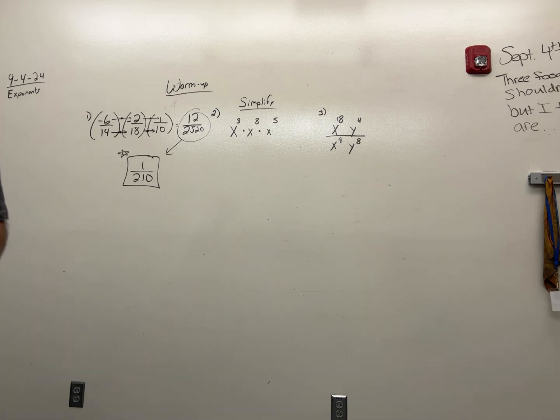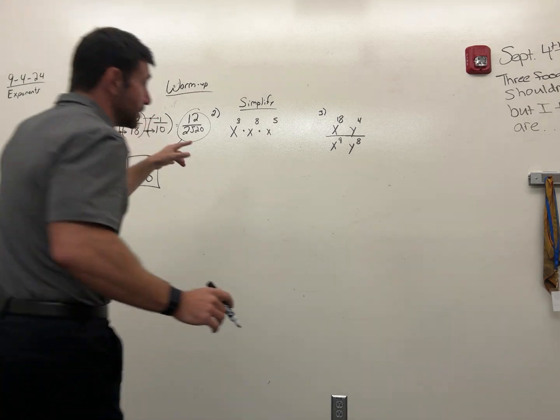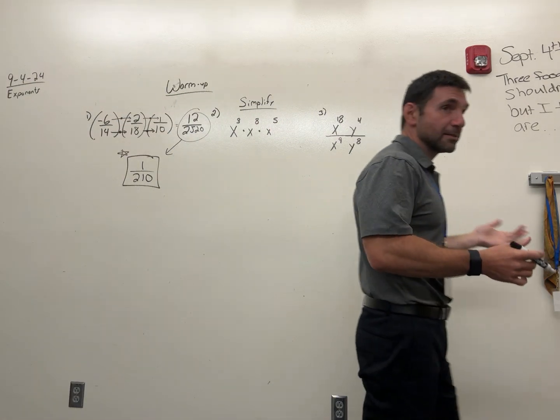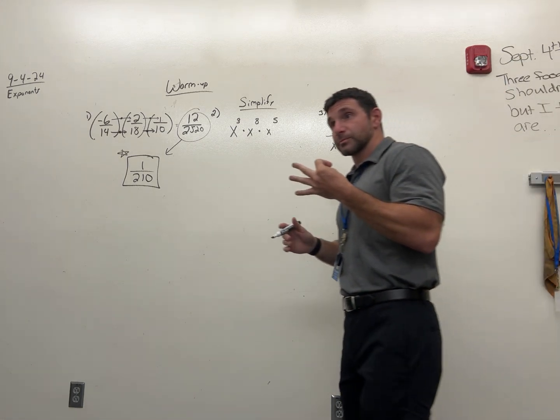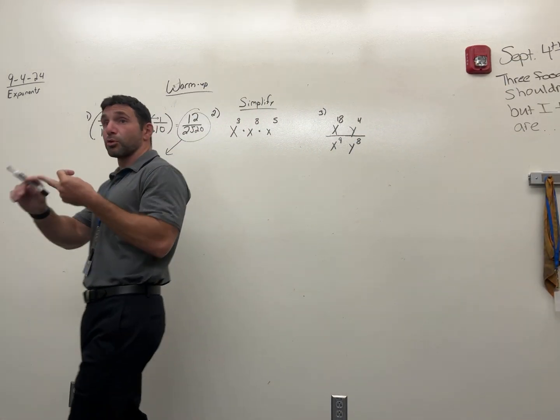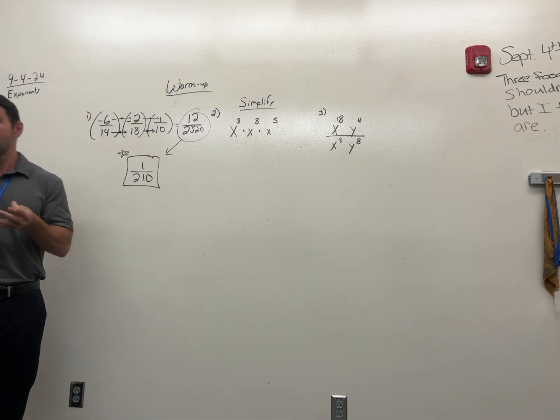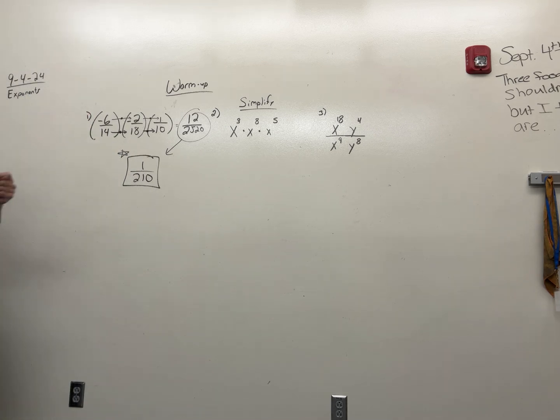Okay. These are a review from yesterday. And listen, I didn't expect you to really get them great. But go to your notes from yesterday. We talked about 3 properties: the product property, the quotient property, and the power property.